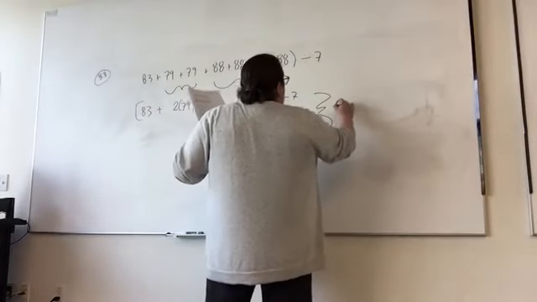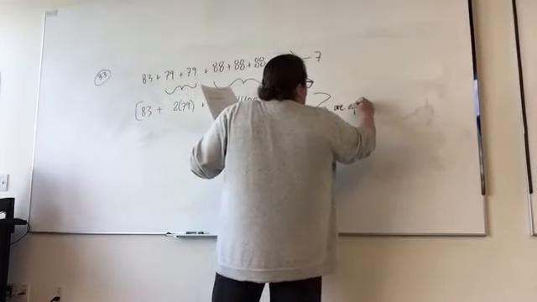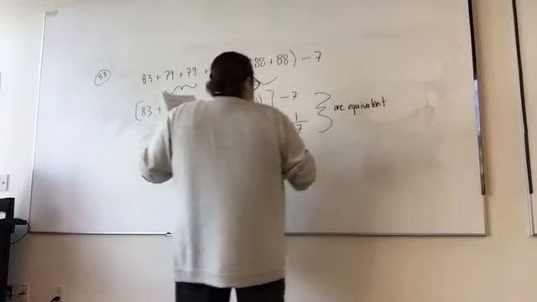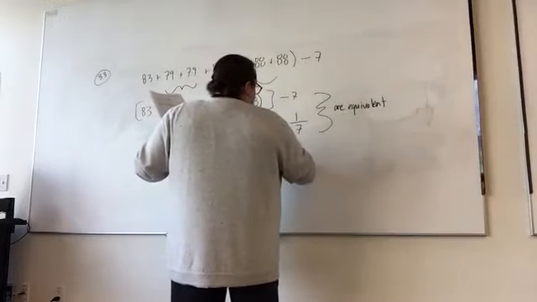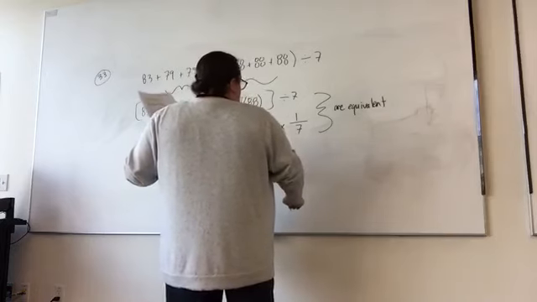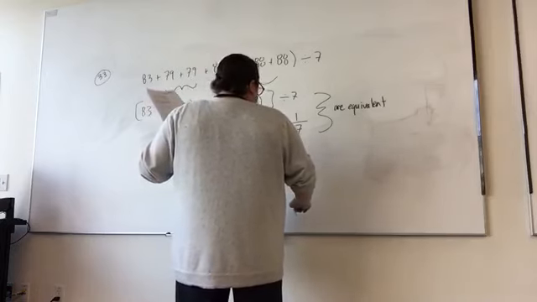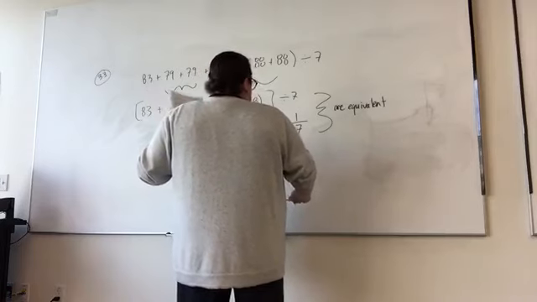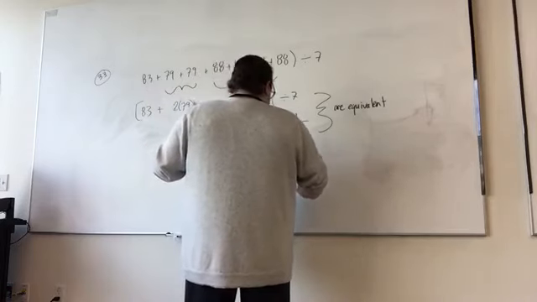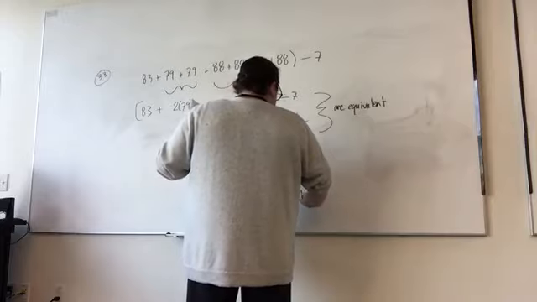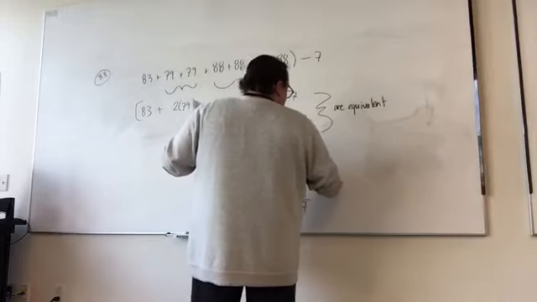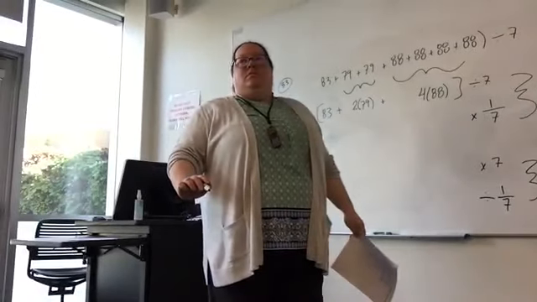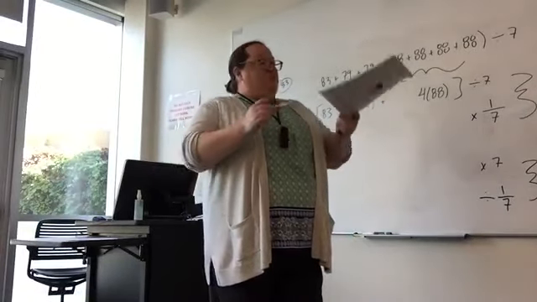So these are equivalent expressions, just like multiplying by 7 would be the same thing as dividing by 1/7. So those are equivalent expressions. So if you get stuck, it's useful to be able to think about that.